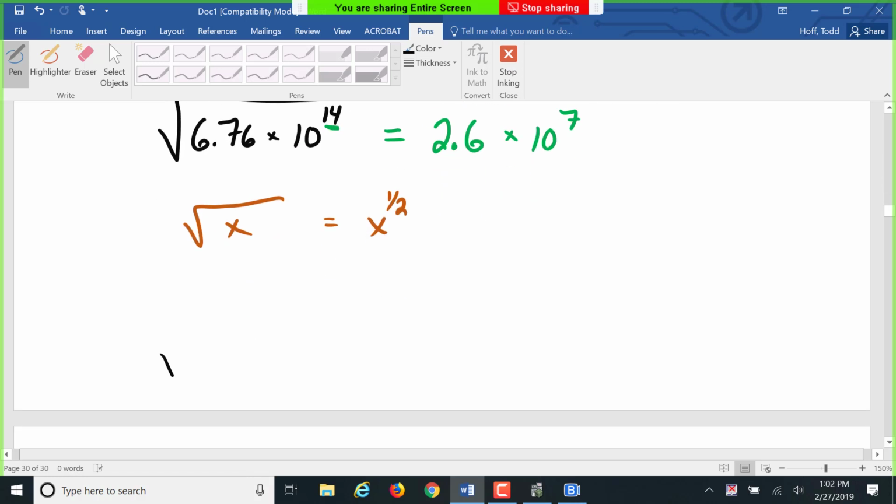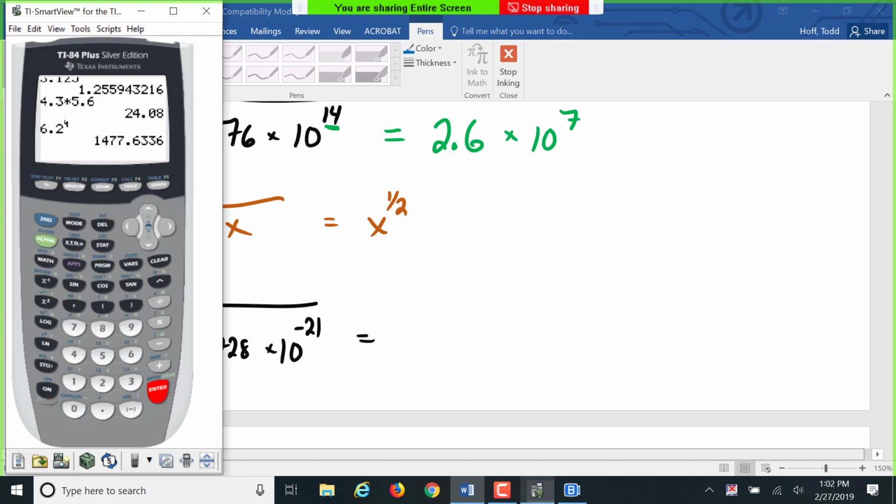What if we have a bigger root? Like the third root of 1.728 times 10 to the negative 21. What's the third root of 1.728? Do you guys remember how to do that? Some of your calculators have a third root key on them. Others will have to use the x root or n root key. I put in 3 first. On my calculator, I have to go through the math menu to get to the x root.